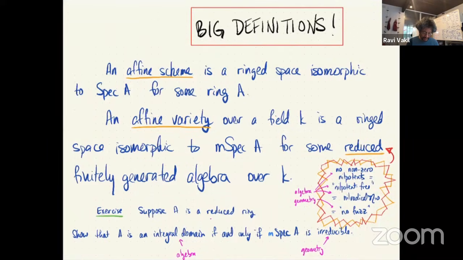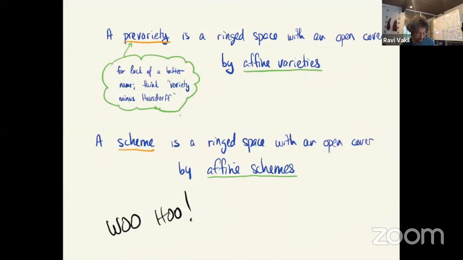The statement is that if it's a reduced ring, then you can show it's in fact an integral domain, which is an algebraic statement, if and only if it's irreducible, which is a geometric, topological statement. So when I see integral domain, my picture is of something with one piece, that's the irreducible part, and it's got no fuzz on it, and that's the reduced part. And that's how you get a picture from this.